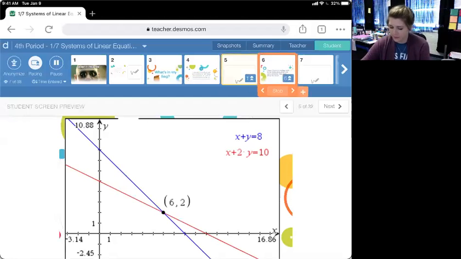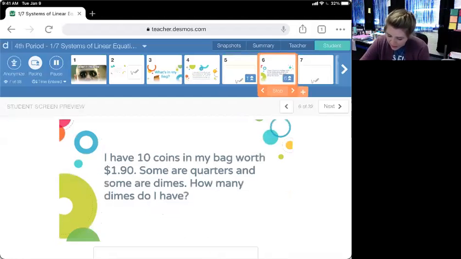Here's my next question. I have 10 coins in my bag worth $1.90. Some are quarters and some are dimes. How many dimes do I have? I'll give you a second.